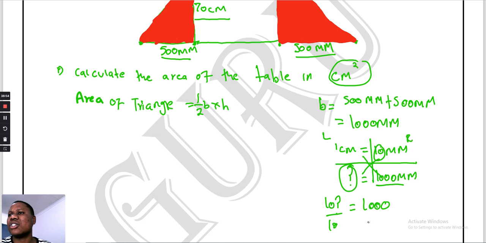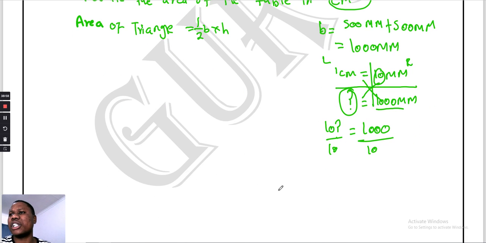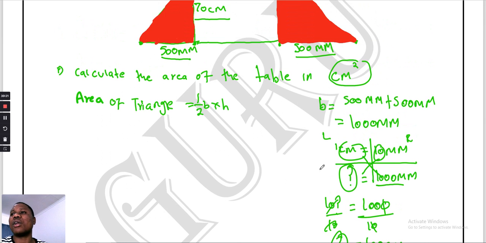So we're going to divide both sides by 10 because we are looking for the value of the question mark. So this 10 is going to cancel this 10. Then our question mark is going to be 100 centimeters, because the question mark is on the left hand side and the units on the left hand side are centimeters. Okay, meaning that we have converted our base.